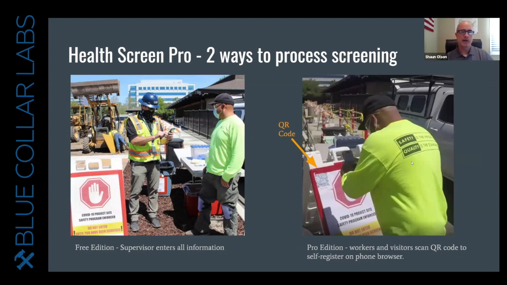So this is part of the free version, and the supervisor does all the data entry at that point. The pro version allows another way to screen, and that is where the worker actually scans a QR code with their phone. It opens up a web browser on their phone, and they actually will enter in the information themselves.